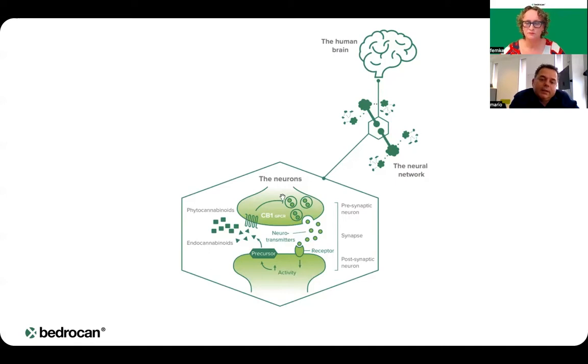Because it's found in many different cell types and brain regions, it modulates neurotransmission in many different brain regions, and thereby modulates the physiological effects in many different areas, and thereby you elicit all these different effects also observed with THC. So they are retrograde messengers, as it's called.